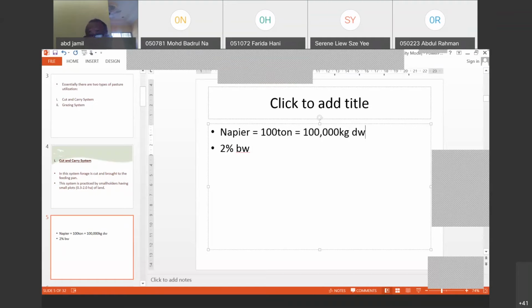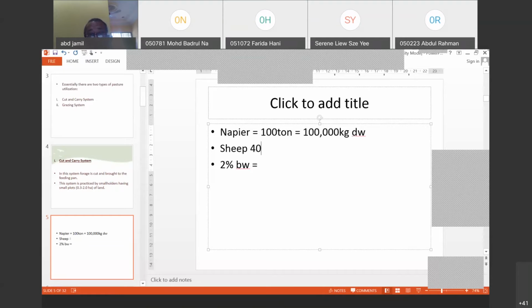So 2% body weight means, say you have a sheep, the farmer wants to give a sheep which weighs about 40 kilogram each.